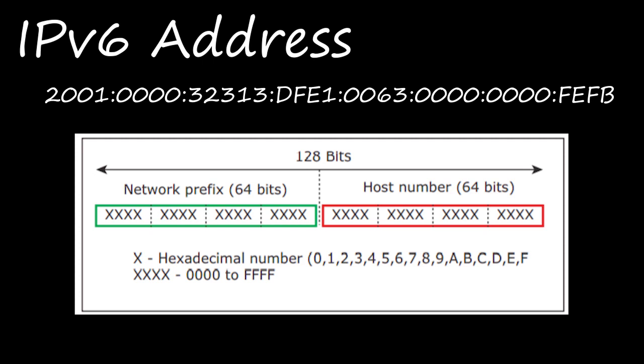Here they have given an example, just see that and you will get an idea: 2001:0000:32313:DFE1:0063:0000:0000:FEFB. Likewise, it has 8 blocks of 16 bits, each block is changed to a 4-digit hexadecimal number, and separated with colons.